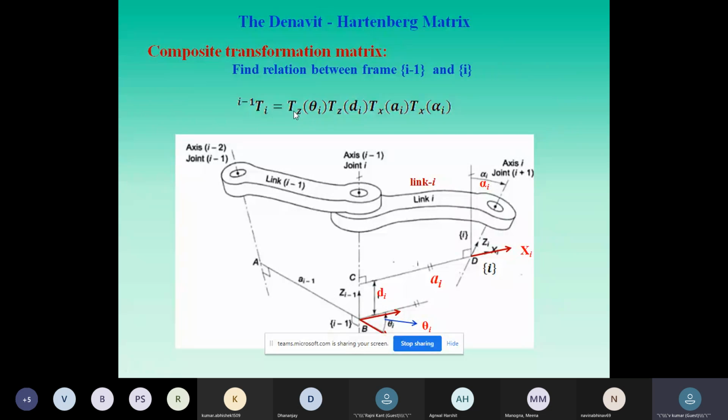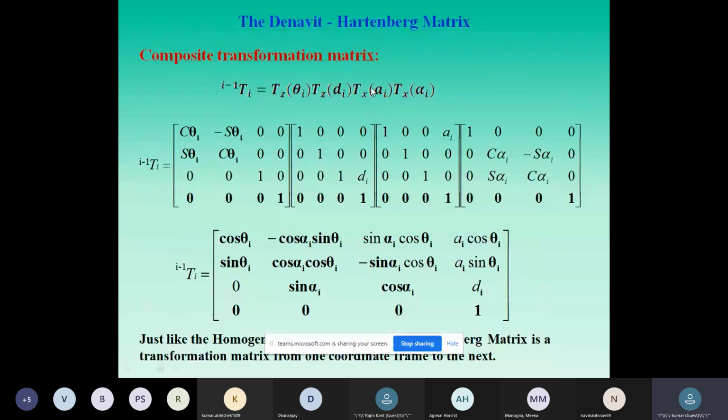In this way, the transformation between frame i and frame i minus 1 is done. The multiplication of these four matrices gives the composite matrix. So the composite transformation matrix will be this.